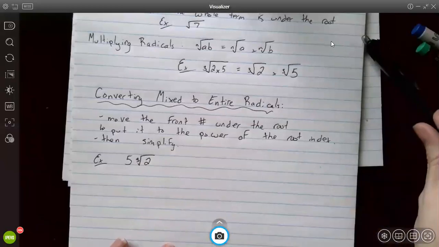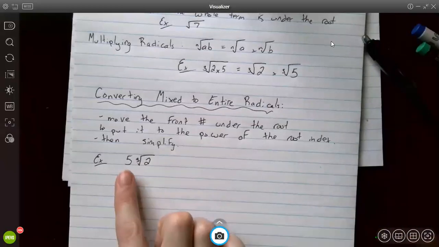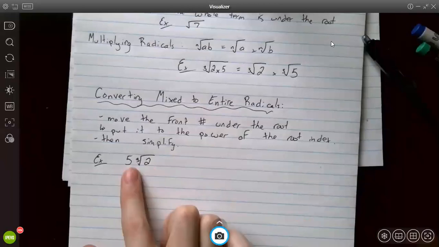So our first step here is going to be to move this 5 that is in front underneath the root symbol.